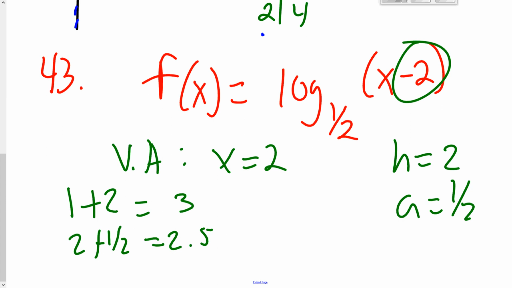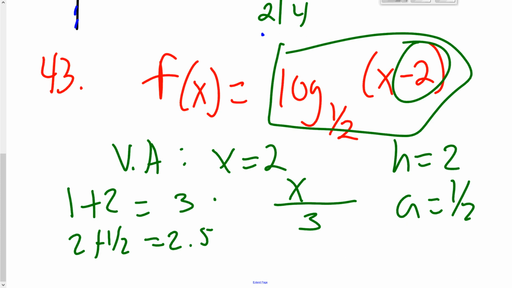Then you could plug them in and solve. Whenever you plug in that x of a plus h, for your log part, wherever the log is, it always gets you 0. Whenever you do your 1 plus h, your y will always be 0.